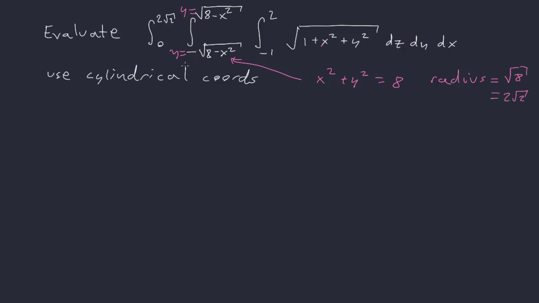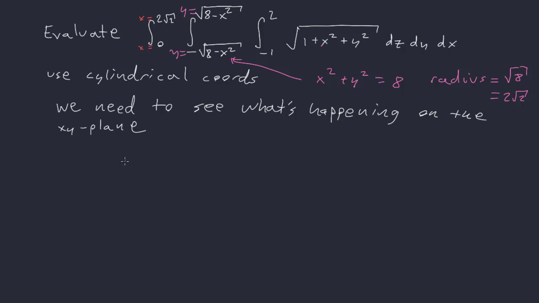Oh, okay, and that's going to help us with our x's. So x is going from 0 to 2 root 2. So to transfer this to cylindrical coordinates, we need to see what's happening on the xy plane.